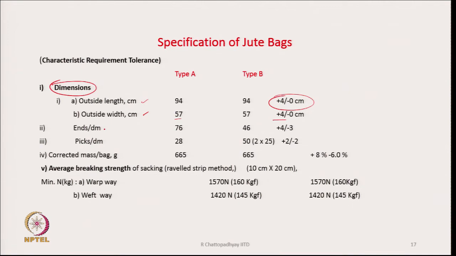Then they have also given ends and peaks per decimeter. So, end density and peak density also are given, and why have they given it? Because end density and peak density will decide how much will be the gap between the threads, and through those gaps whether the grain is going to come out or not.